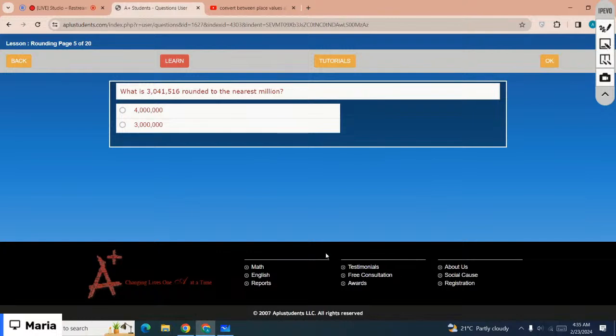Yes, that is rounded to 3 million. The correct option is 3 million, right?